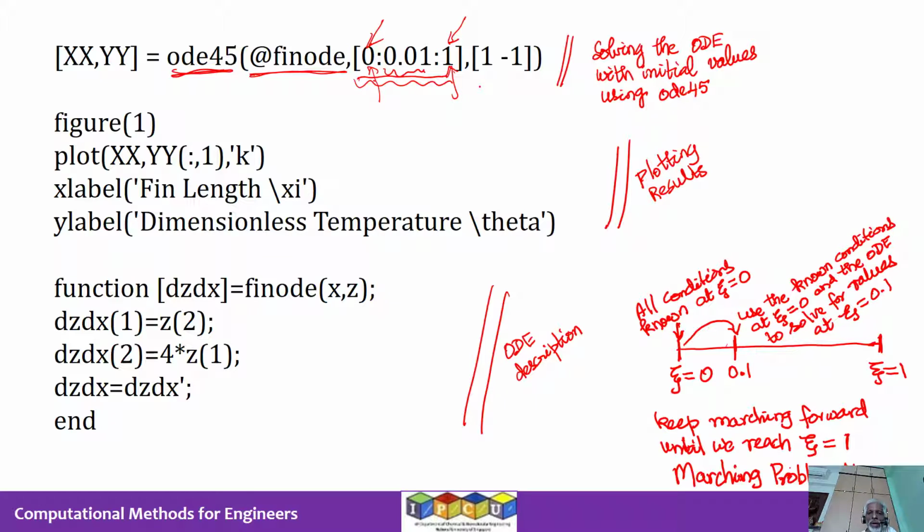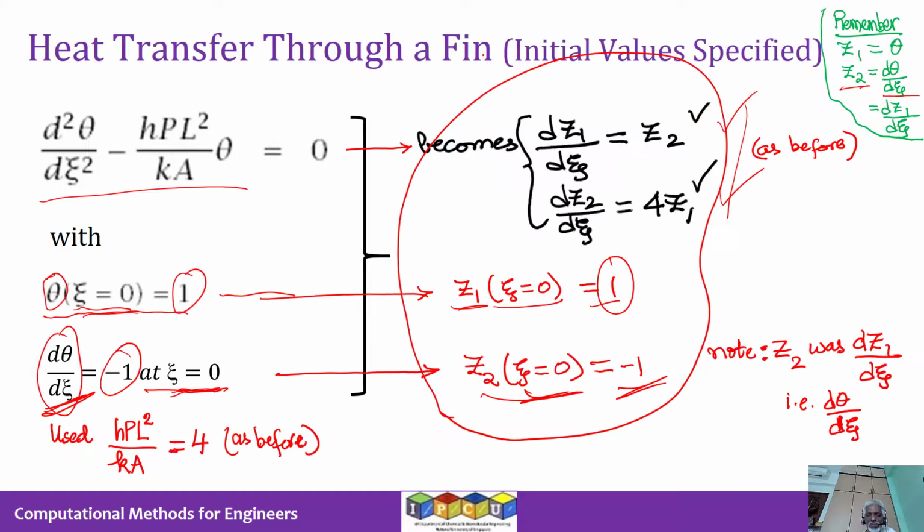And then I have to give the initial conditions. So three things: the name of the ODE file, the span of the independent variable in square brackets, and the initial conditions in square brackets again. For Z1, the first symbol, the initial value is 1. For Z2, the initial value is -1. This is what is specified in the problem.